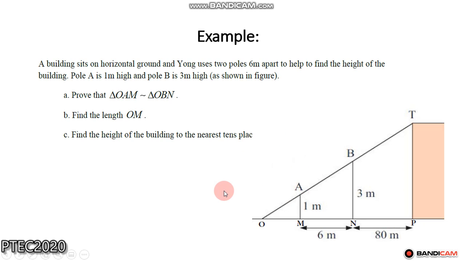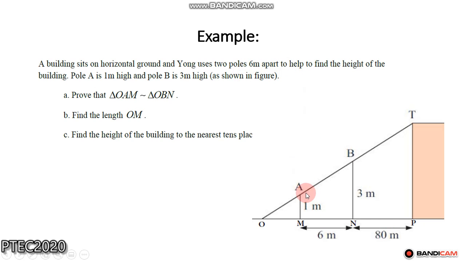So when you read this question, do you understand it? If you do not understand it, you may read it again and look at the figure given to make sure that you understand the question. Here, a building sits on a horizontal ground and Young used two poles 6 meters apart.